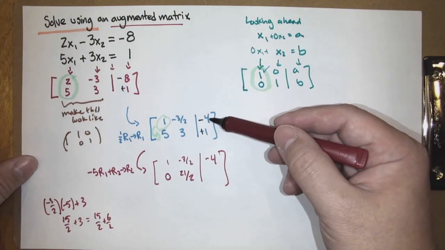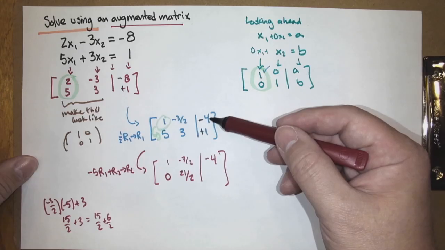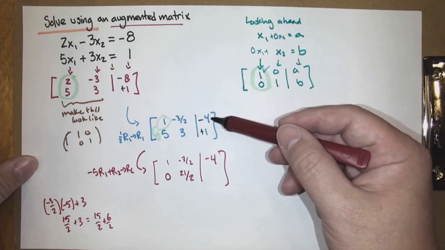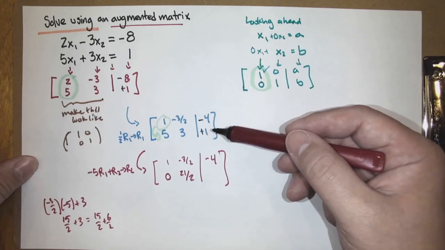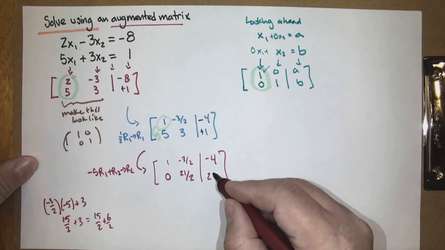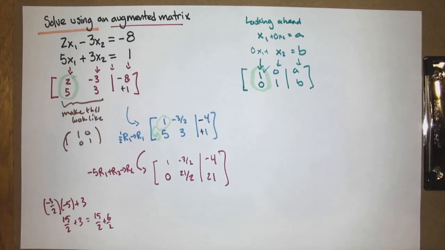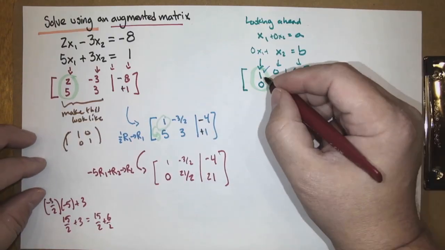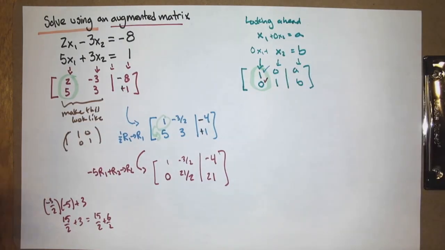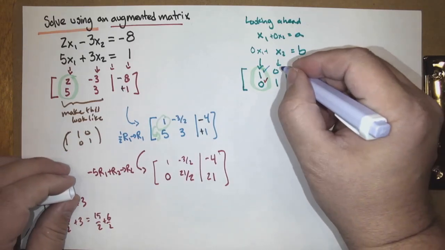The last entry, -4 times -5, 20. Add 1, 21. Okay, so our success continues. We've gotten that 0. Woohoo! Nice!